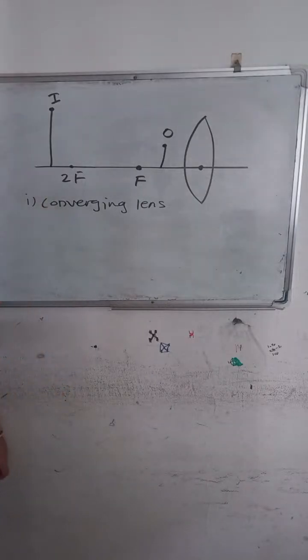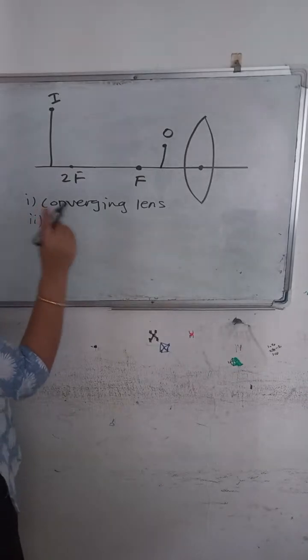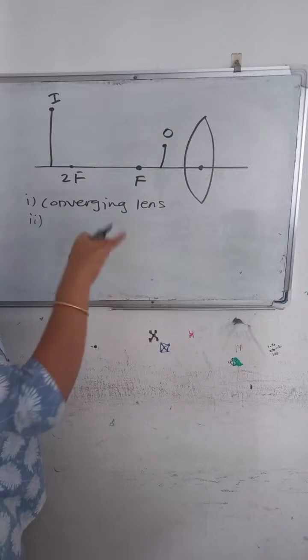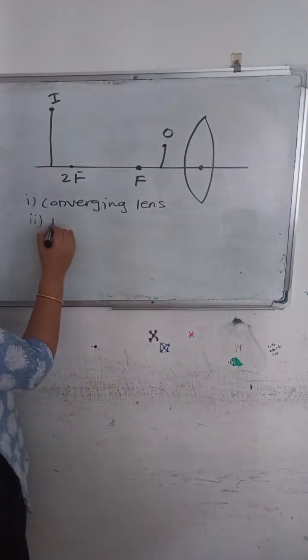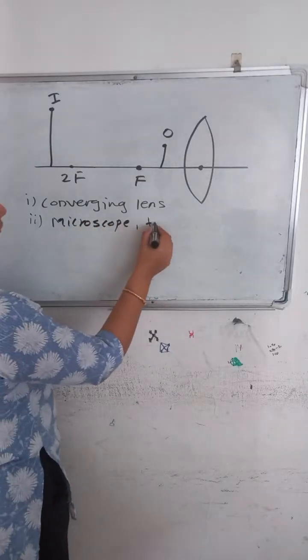Even the planets or stars which are very far from us, we can observe them through a telescope. So there also we are using these lenses. In short, they are asking what the applications are. First it is the microscope and second you will get the telescope.